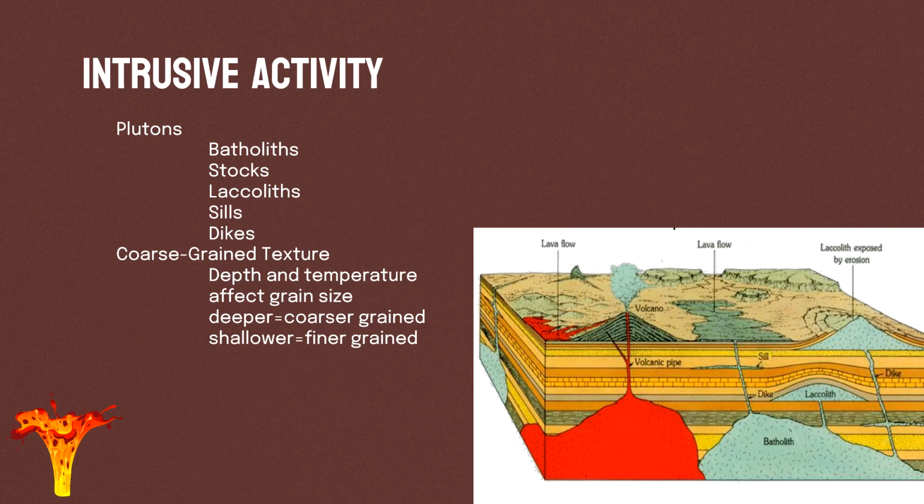So the next one is a laccolith, and a laccolith is pretty similar to a batholith, but it is lens shaped, so it's convex, and that's shown up here on this one. In a laccolith, the magma fills into the rock layers from a crack or whatever, and it slowly pushes up the other rock layers that are above it.